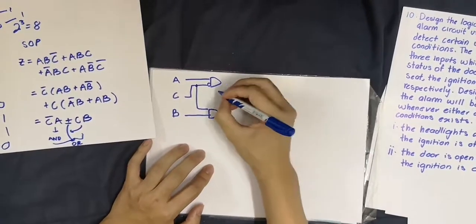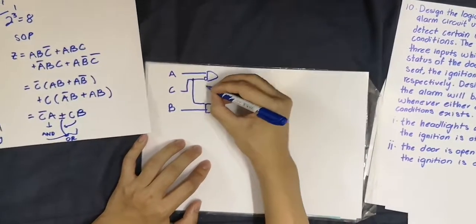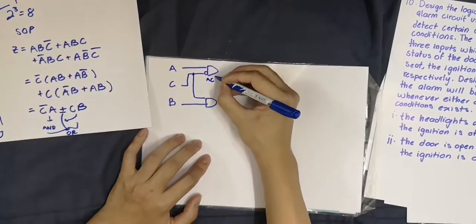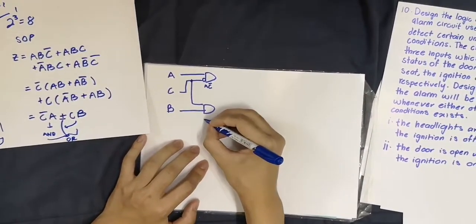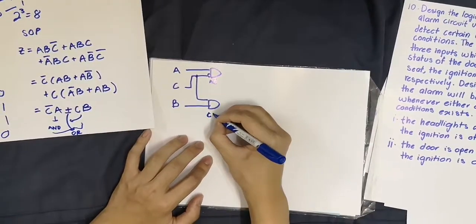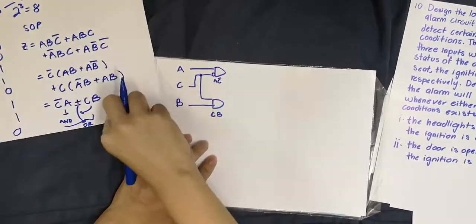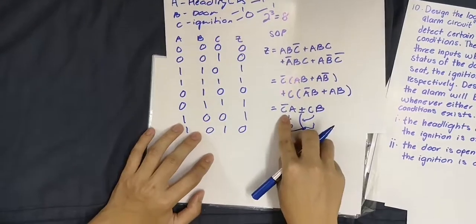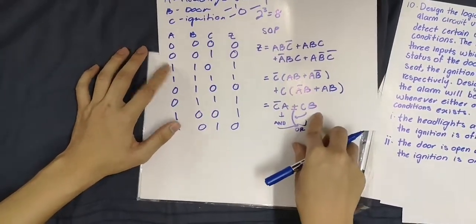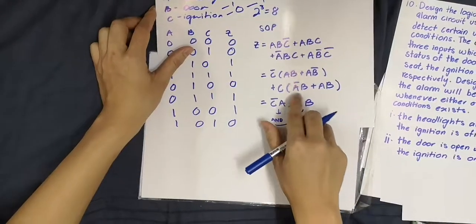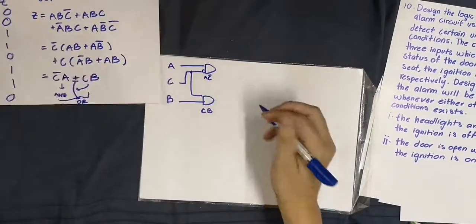And here is the first part. Here we produce the result of the product of A and inverted C, and here it produces the product of C and B. So we have the product of inverted C and A, and C and B. We just have to add the plus sign, which is the OR gate.